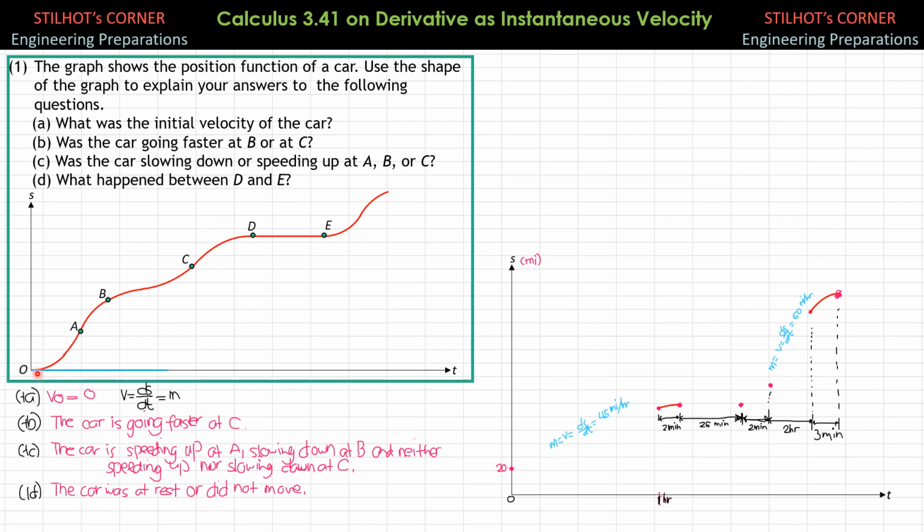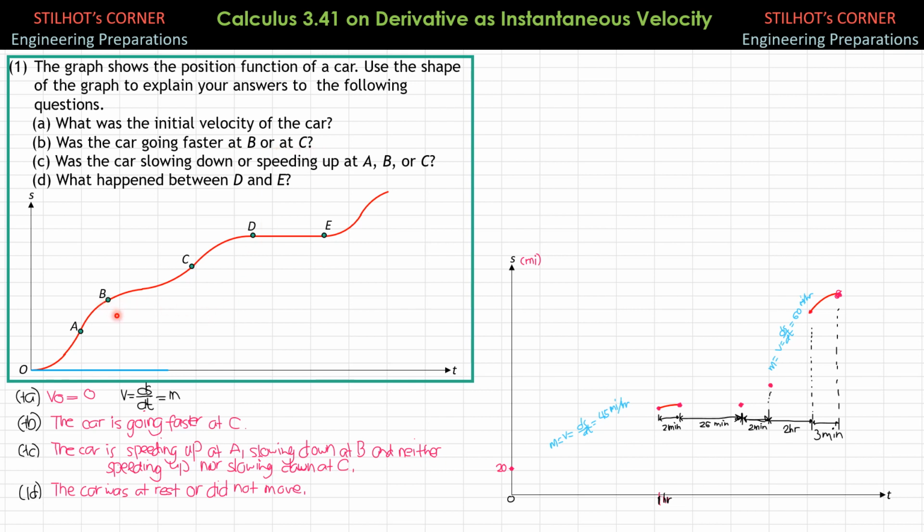Since the slope of the tangent to this position versus time curve is interpreted as instantaneous velocity, that means the initial velocity at the origin is 0. So remember, instantaneous velocity is the derivative of s with respect to time, and that is interpreted as slope.